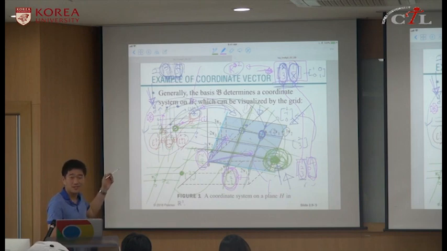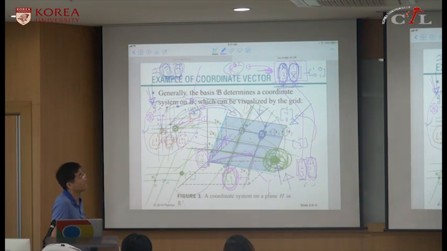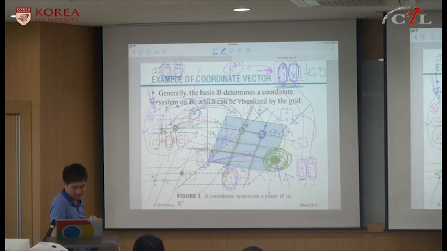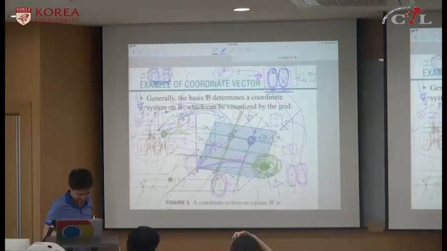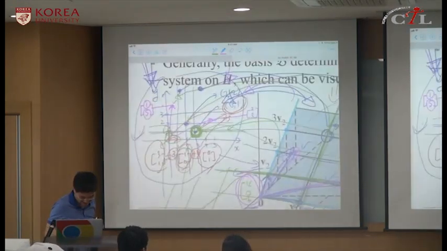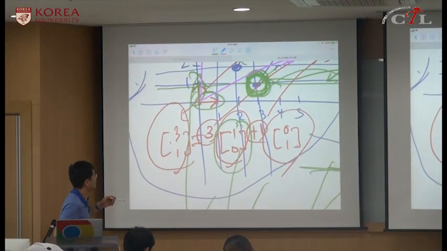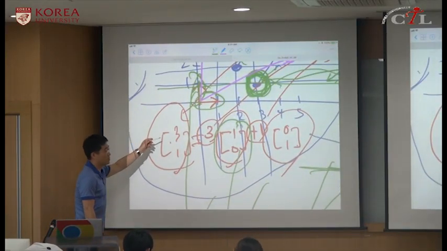So you guys understand this? So when thinking of the linear transformation, okay. So suppose it's a 3, 1.